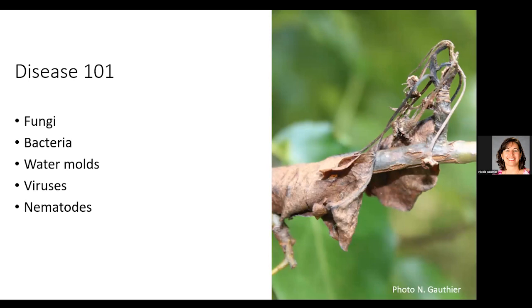So we talk about disease as if it's one thing, but it's really not. So disease can be caused by one of many different types of pathogens. And even within those subcategories, there are a lot of different types of fungi. For example, there are soil-borne fungi, and there are those that infect flowers, those infect leaves, and those in fruit.